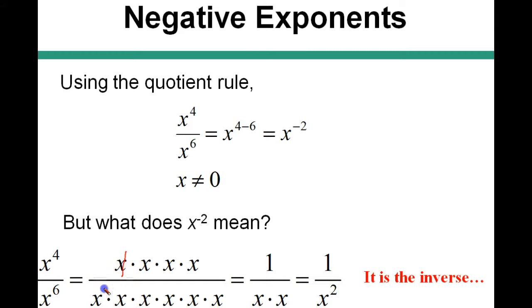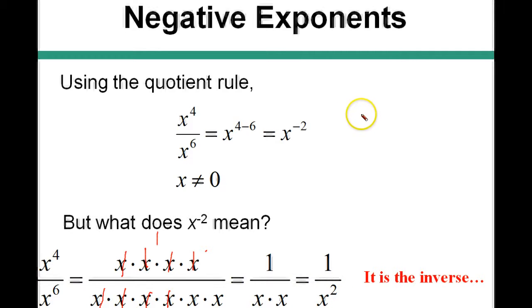So this is a 1, this is a 1, this is a 1, this is a 1. So what is left on top? Well, just a 1 over 2 x's in our denominator, which is 1 over x to the second.